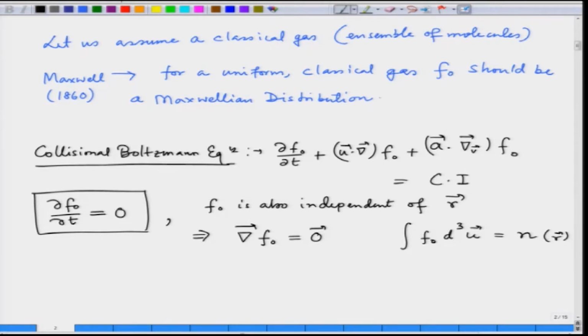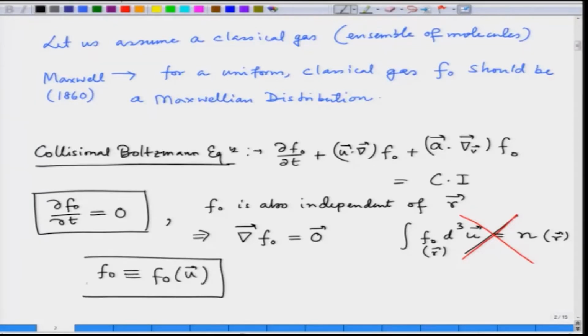For any uniform gas, you do not need to wait for a long time, you just say my gas is homogeneous or uniform, then the density should be a constant, uniform everywhere in space, and this type of R dependence should not be there. So, the only dependence should come from the velocity, then f0 will be simply a function of velocity. That much we can conclude till now.